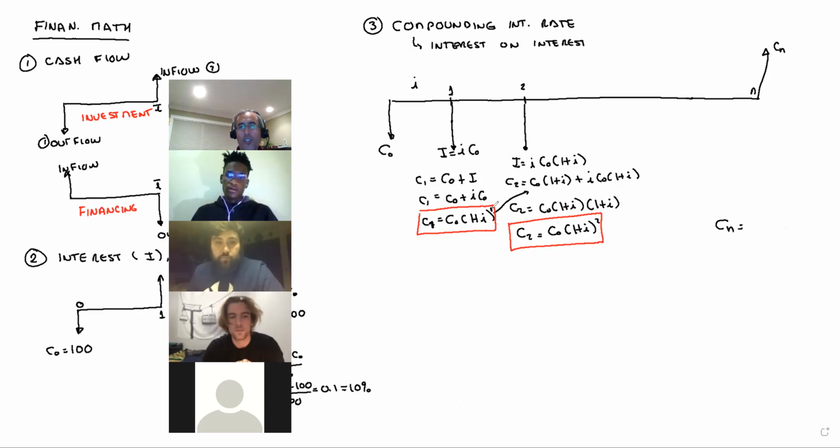Take a look. Here's a 1. C0 times 1 plus I to the power n. Exactly. This is going to be one of the famous formulas, guys, that we're going to use all the time. Okay, copy, 1 minute.